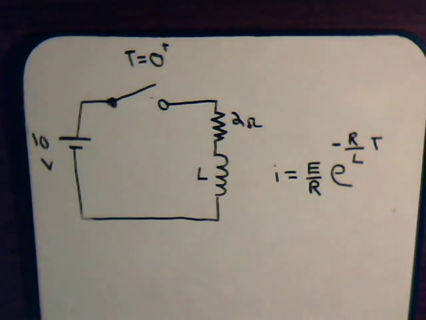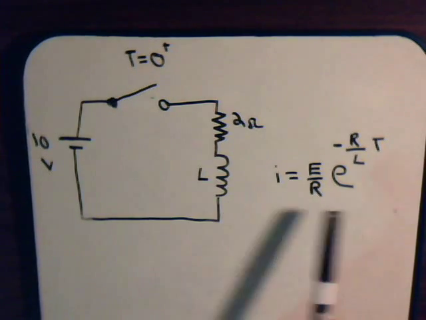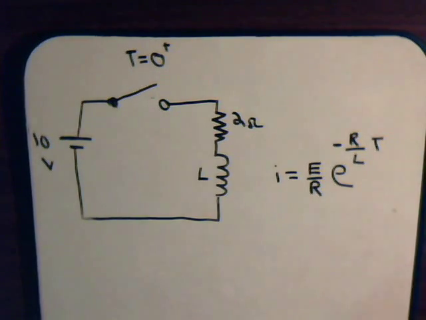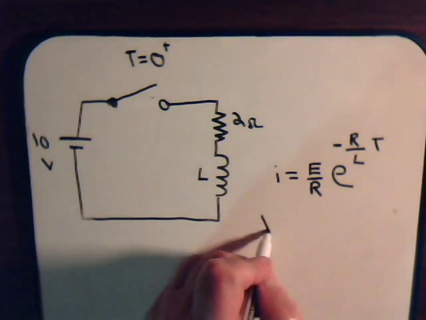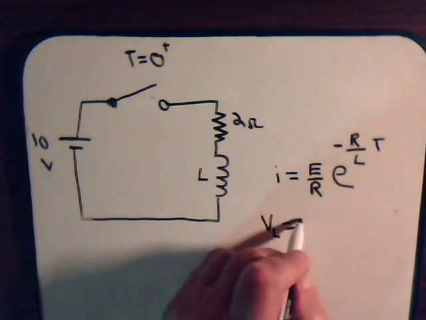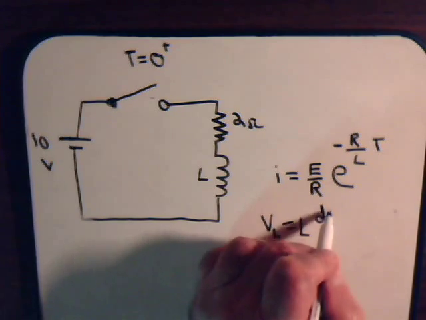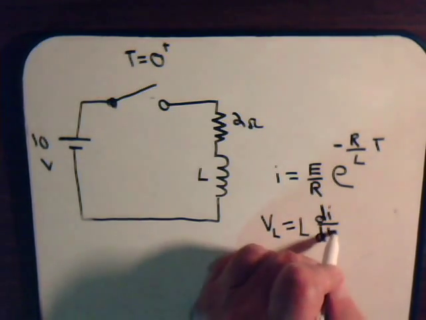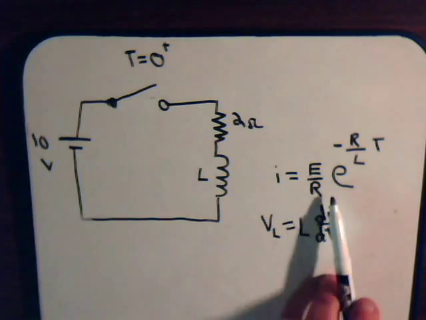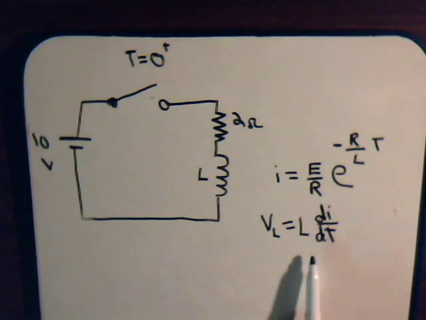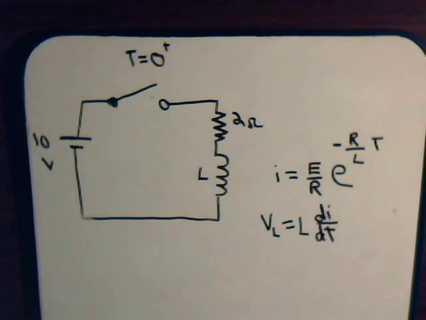And in the previous video, when we derived this equation, we asked, what about the voltage across the coil? We know that the voltage is L di/dt. So if we take the derivative of this, that should give us the voltage across the coil when the circuit is broken. Actually, it's not quite that straightforward.